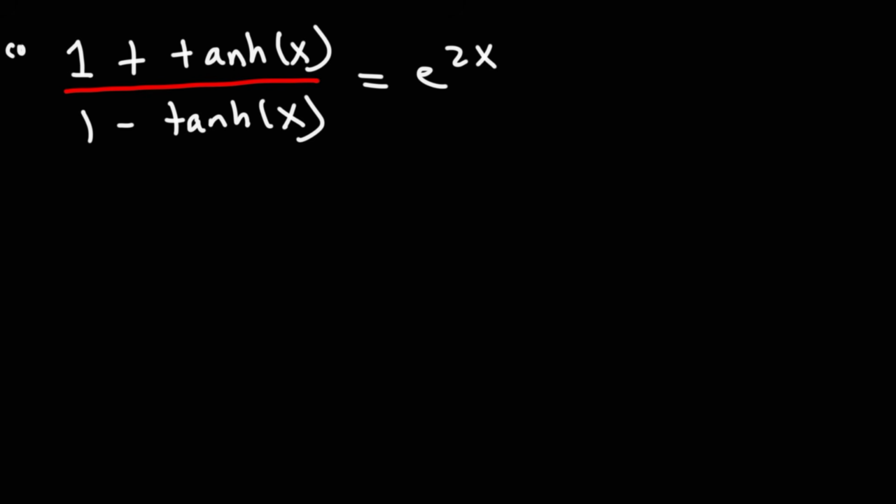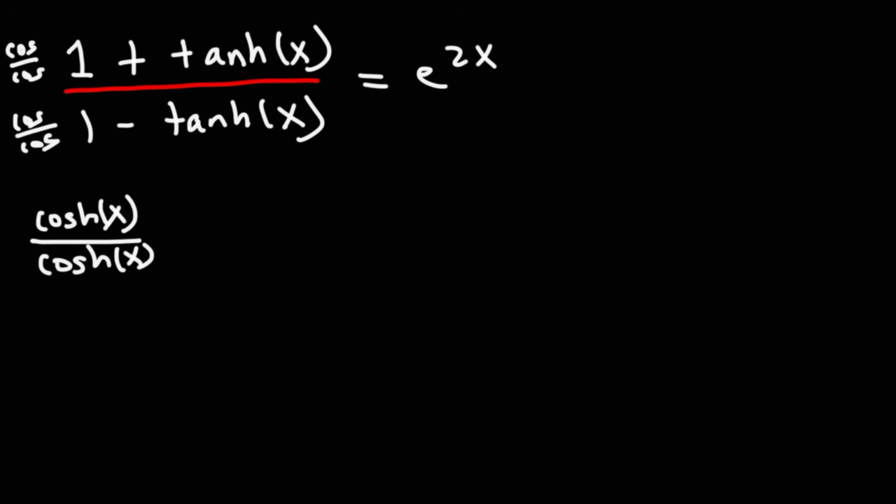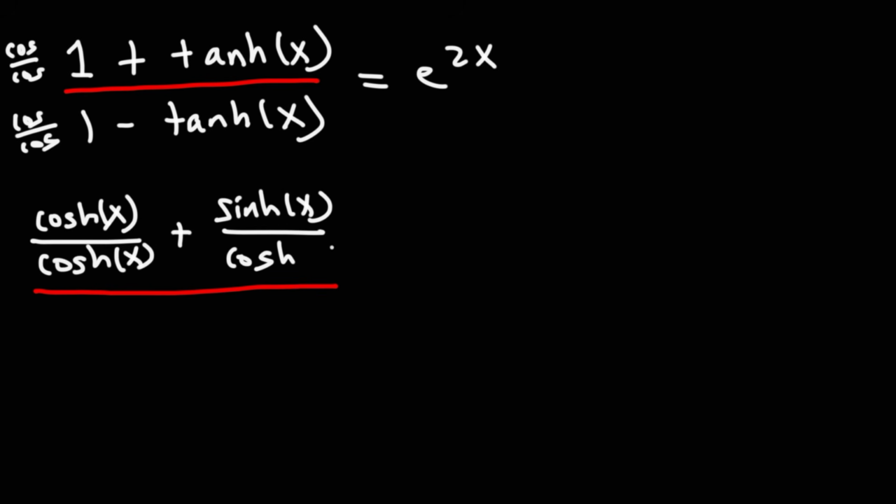Now, 1, I'm going to multiply by cosine over cosine, but particularly hyperbolic cosine. So 1 can be replaced with hyperbolic cosine over hyperbolic cosine. Tangent is sine over cosine. So we're going to have hyperbolic sine over hyperbolic cosine.